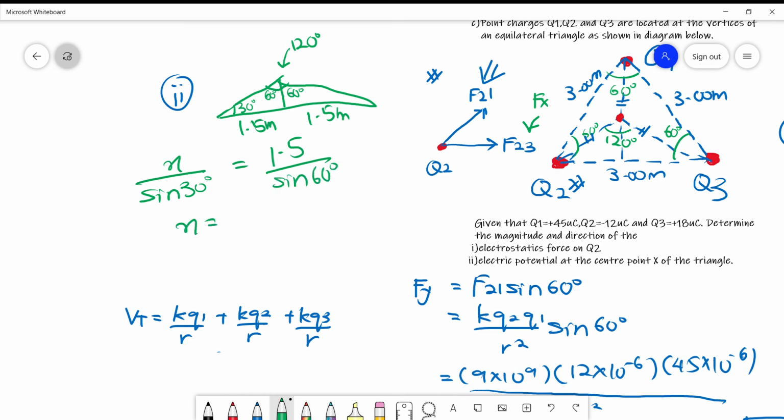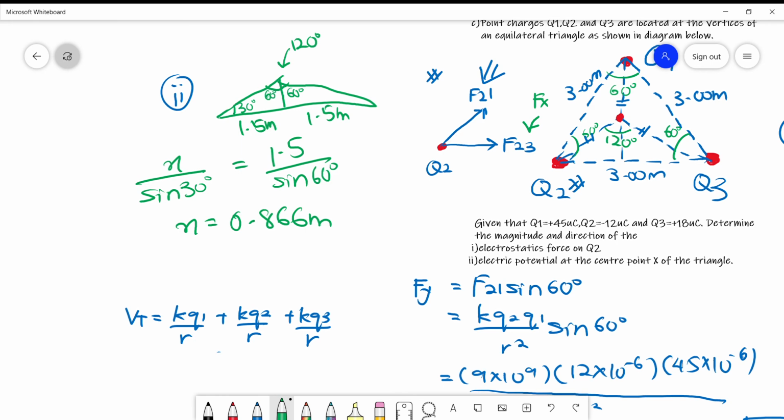So x is 1.5 divided by sine 60 times sine 30, which is 0.866 meters. So the distance from the center of the triangle to each charge is actually 0.866.